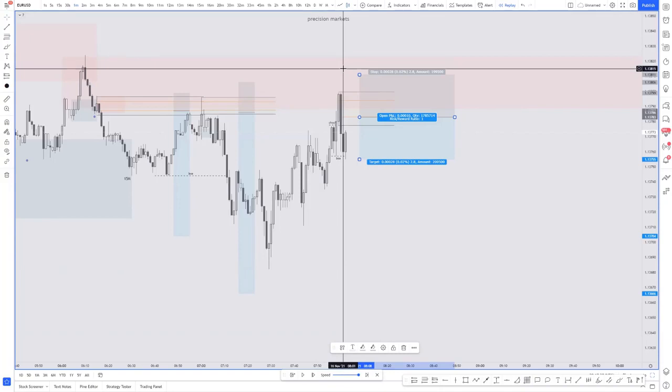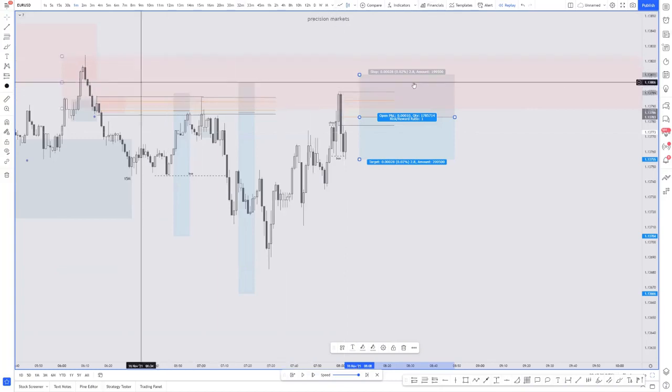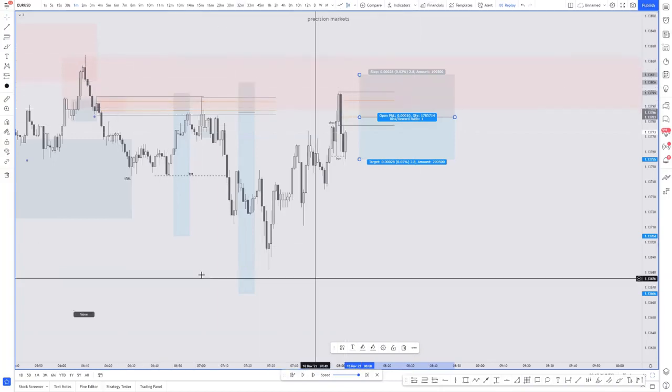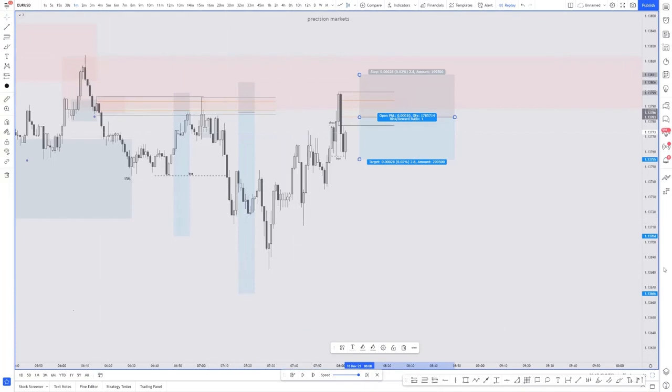What we do have on our side is daily, 4 hour, and 15 are all bearish. So if I did have to play this POI 3, 4, 5 times, I would rather do that than play a demand zone that many times because the demand is very likely to fail. The supply is more likely to hold because we're with trend right now. So anytime we could use trend to our advantage, we definitely do.